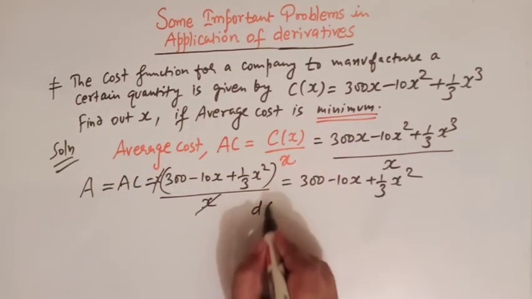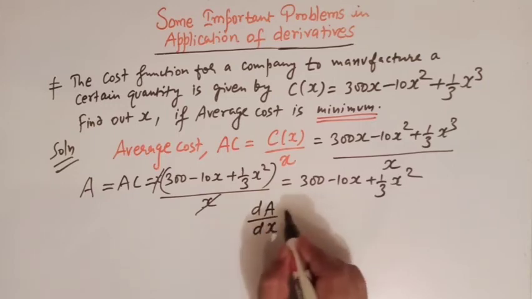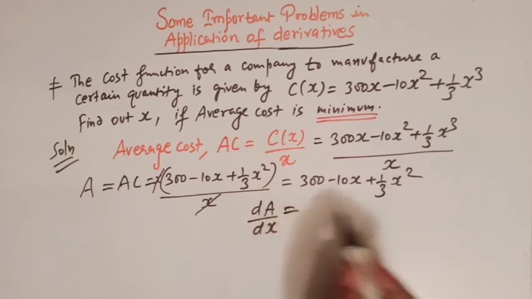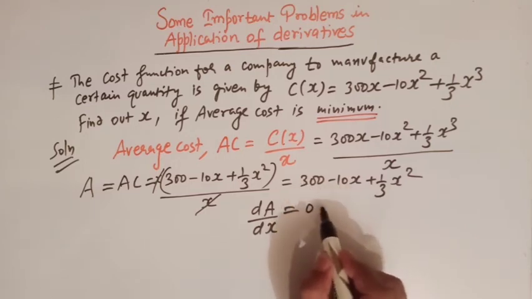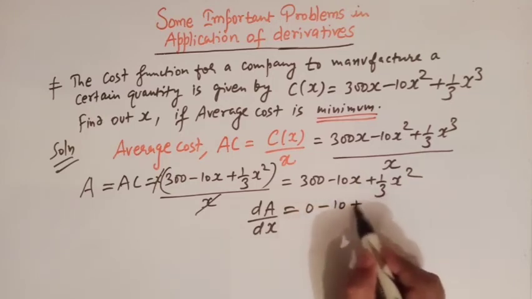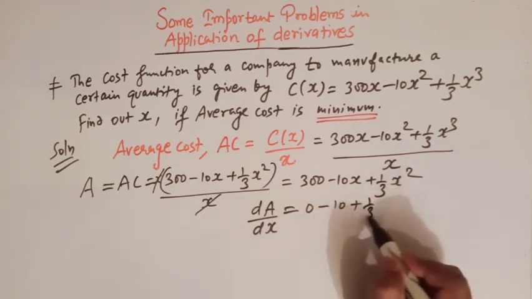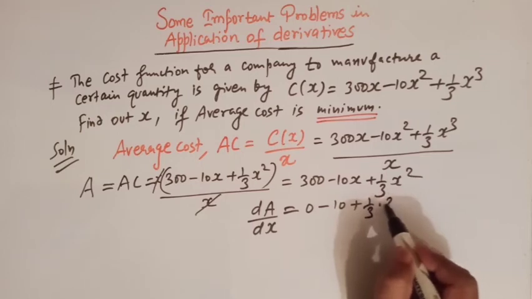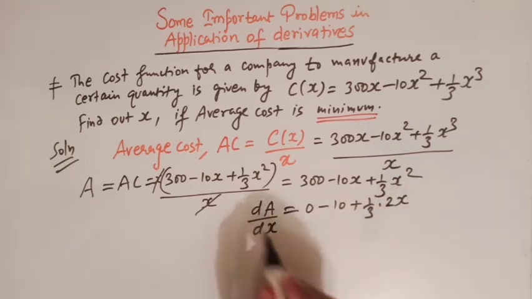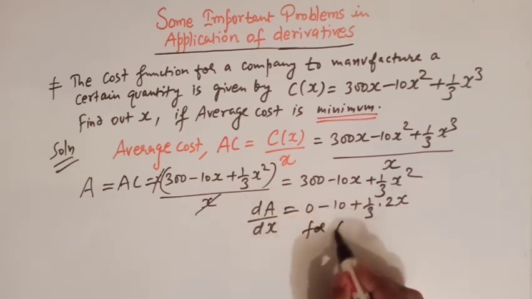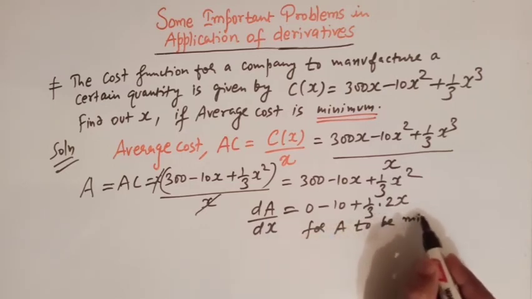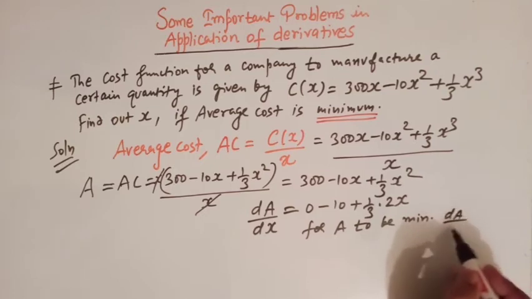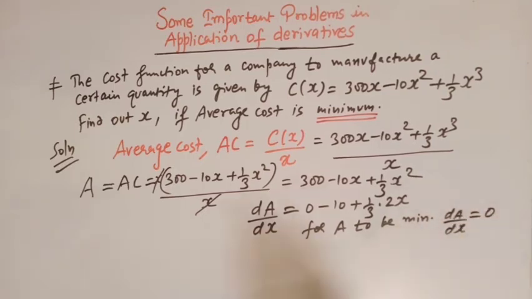Okay. Now we have to find x if average cost is minimum. So what we will do, we will find dA over dx. So what is dA over dx? The derivative of this function is here we have 0, then we have minus 10, and then we have 1 over 3 times 2x, right? Now for A to be minimum, dA over dx must be 0, right?